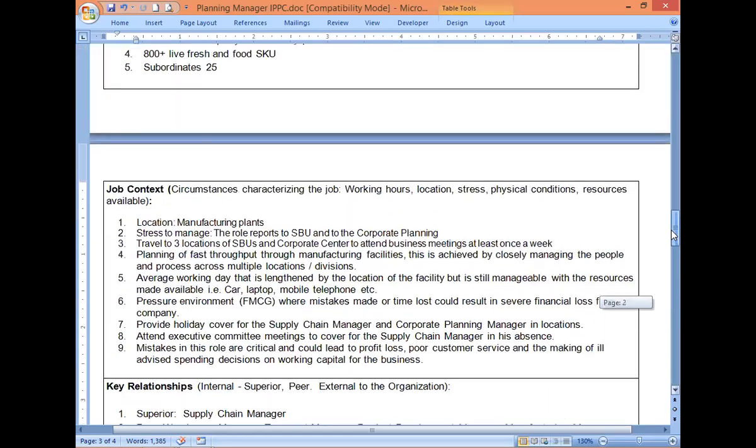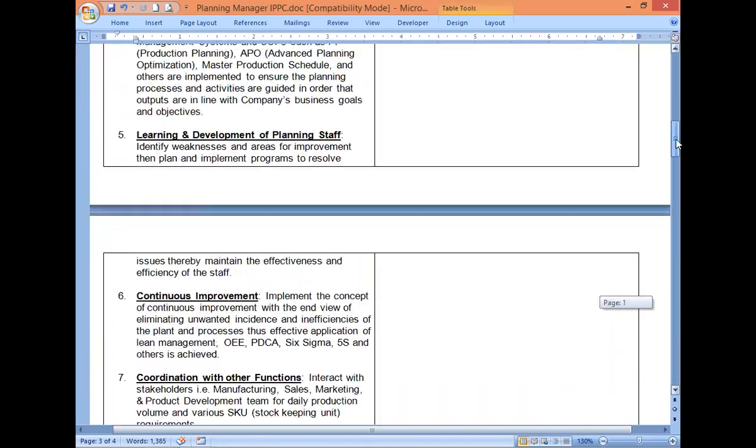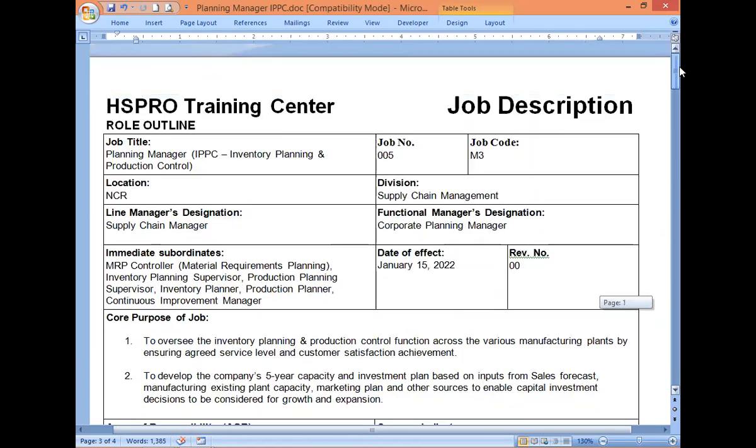Okay, this is really good. We have created here a job description for the planning manager. And for this planning, you don't have to specify it here. Just say planning manager, but I have specified here for your understanding that this planning manager is about FMCG, and it's about inventory and production control, IPPC.